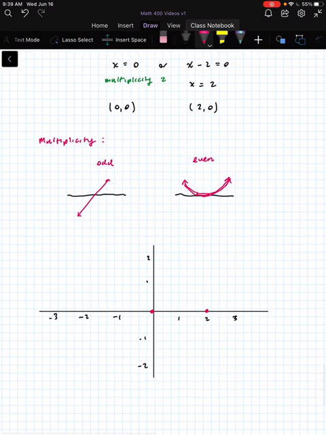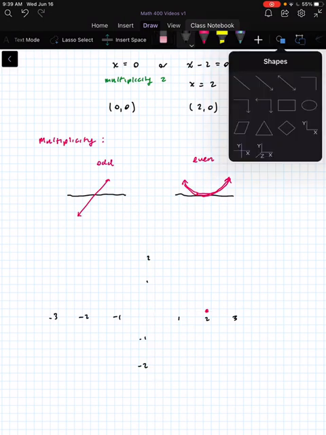Now, at 0, remember that it bounces off. So it'll either look like this, or it'll look like this. How do we know which one is which?